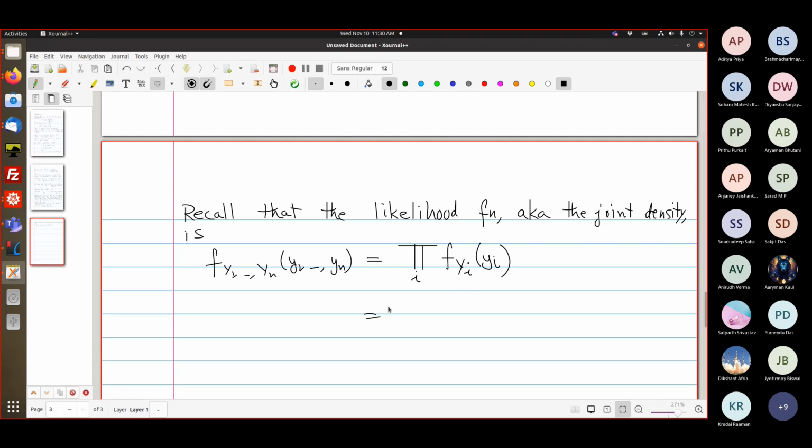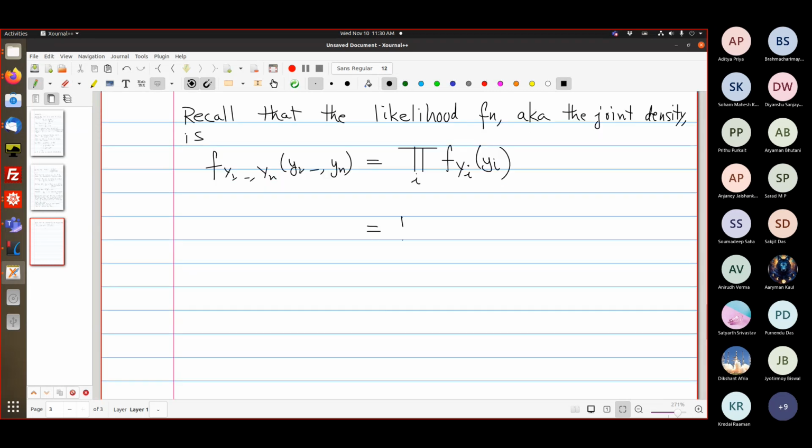And what is the density for these? Capital Yi is a normal with mean alpha plus beta xi and variance sigma squared. So we know the density of the normal: 1 over root 2 pi sigma, e to the minus (yi minus alpha minus beta xi) whole squared over 2 sigma squared.